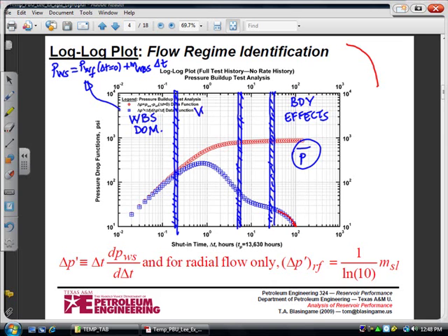And this part is called the wellbore storage distortion flow regime. And in this part, basically, you can't do anything. There is no analysis here.